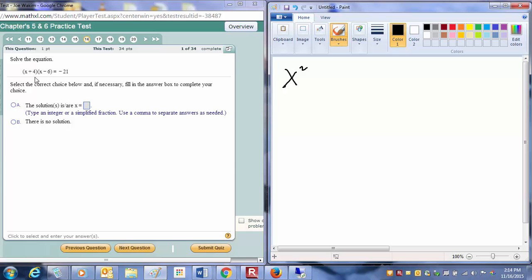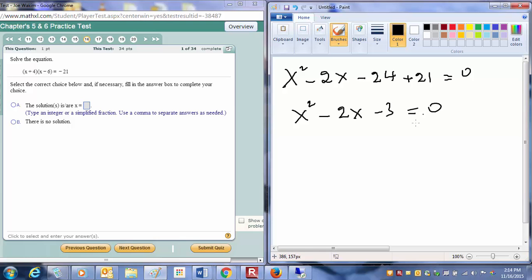X times negative 6, we have negative 6x plus 4x, and that's a negative 2x. 4 times negative 6 is negative 24. And then I want to move this to the left side. I want to change it to plus 21. And therefore, now I have a simple trinomial, x squared minus 2x minus 3 equal to 0.